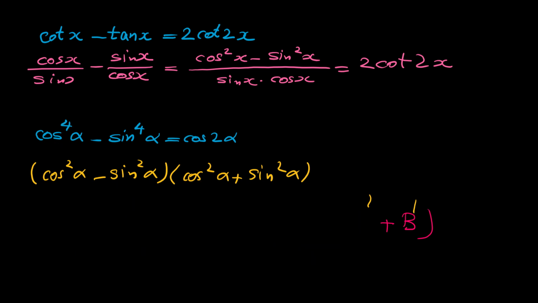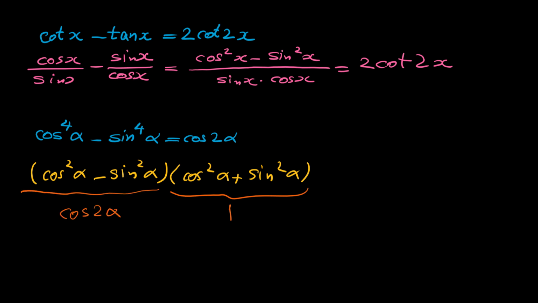So we write this expression cosine to the 4 minus sine to the 4 in the form of cosine to the 2 minus sine to the 2 times cosine to the 2 plus sine to the 2. Whenever the power is even, we remember the identity. Here also the power is even, cosine to the 4, sine to the 4. Now look at the brackets. Immediately you should say this is 1. What is this? Cosine of 2 alpha.